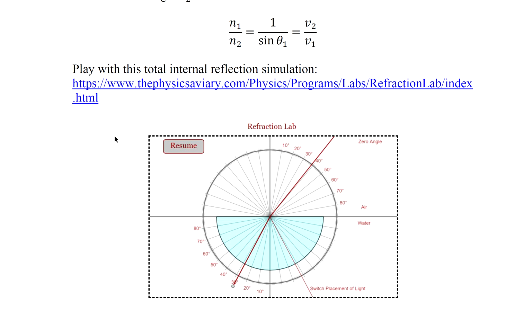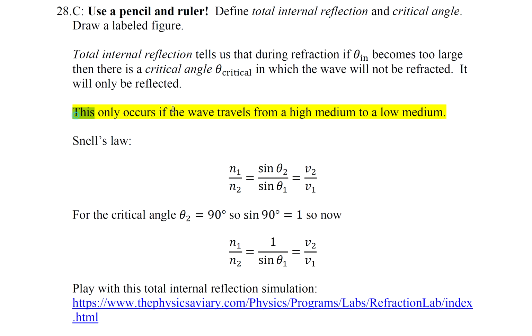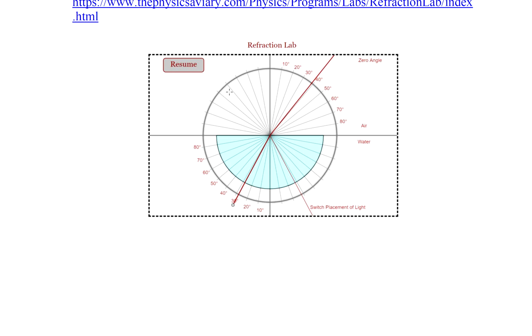We have theta coming in going up, because critical angle only happens from going from a high medium to a low medium. So on the bottom we have water, on the top we have air.